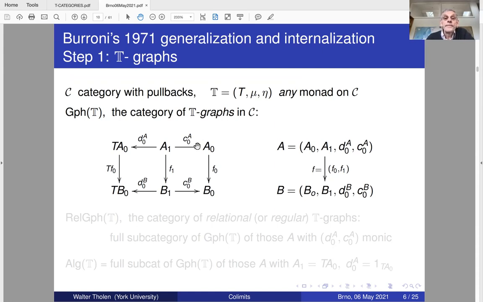A graph comes with an object of vertices or objects, and an object of edges or morphisms, and you have a domain morphism and a codomain morphism, and that's all. And of course, the morphisms of such T-graphs have two components, an object part and a morphism part, and things have to commute.